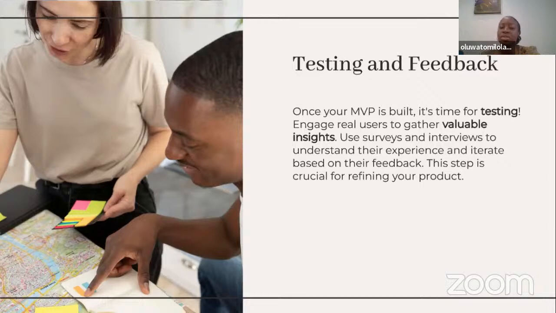So sometimes it is better to send it out to real users to see how they will take the project or product that you're building, using surveys and interviews to understand their experience and iterate based on their feedback. This step is very crucial for refining your product.